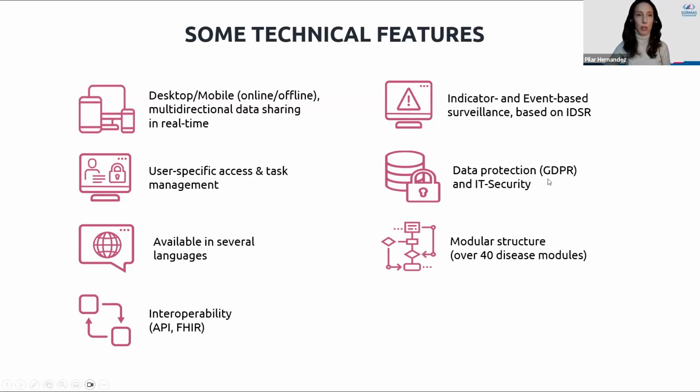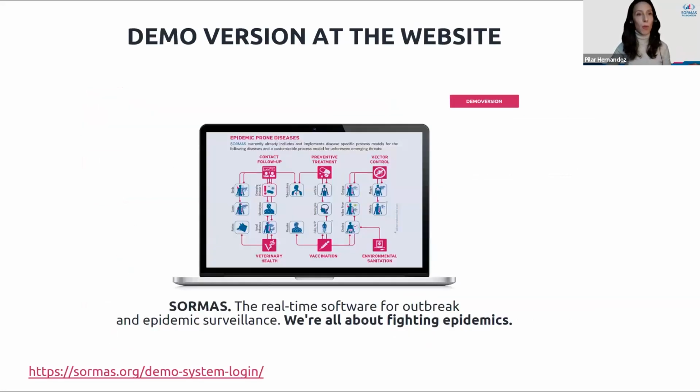SORMAS has a modular structure with over 40 disease modules at the moment. And finally, it allows cross-border coordination and visualization of transmission chains. I will not go into more detail on the tool itself, because you can go yourselves to the website. You will see there is a demo version. You can enter the demo version, and then you can play around with the tool freely.